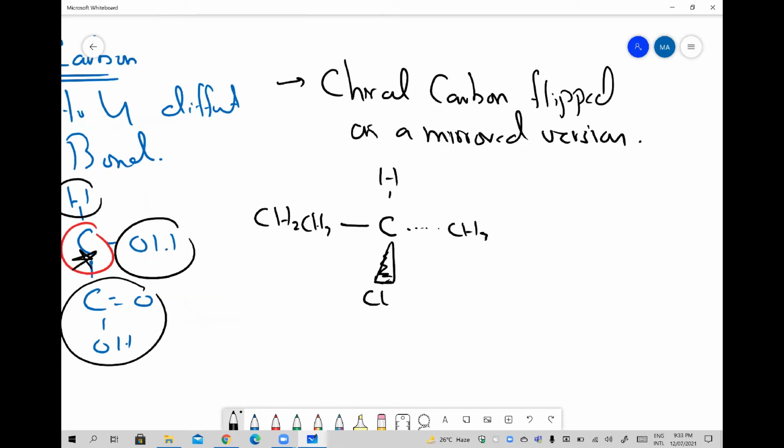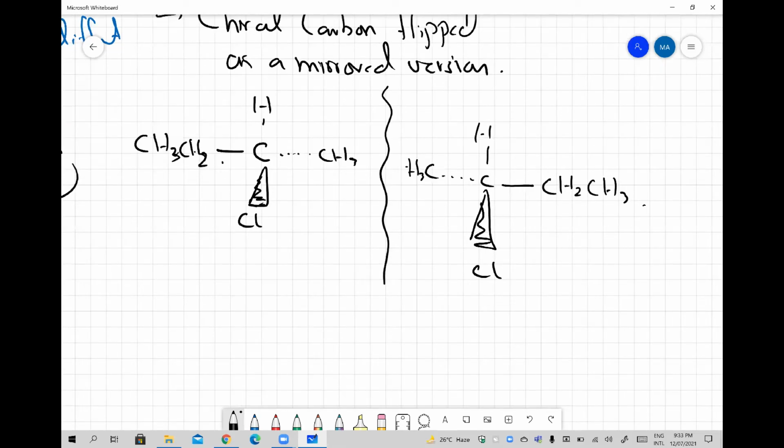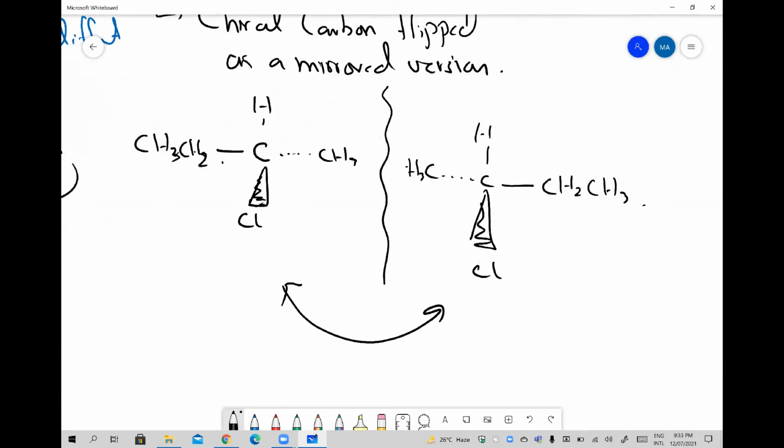If you flip this entire compound in a mirror, this is how the mirrored version would look. No, sorry, this has to be in the same direction, CH2 and CH3. So now these two are optical isomers.